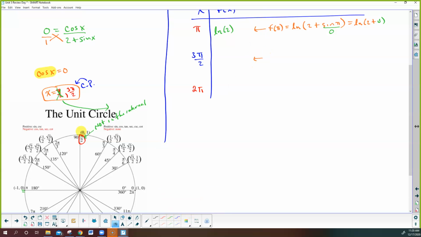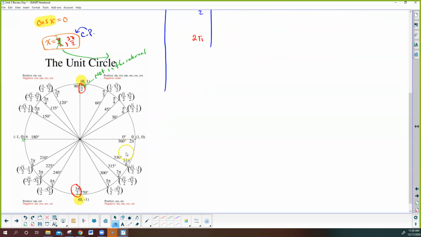Then we're going to do the exact same thing, except we're plugging in 3 pi over 2. And I know that sine of 3 pi over 2, let's double check our unit circle. So here's 3 pi over 2. The sine value is the y, so that's -1.